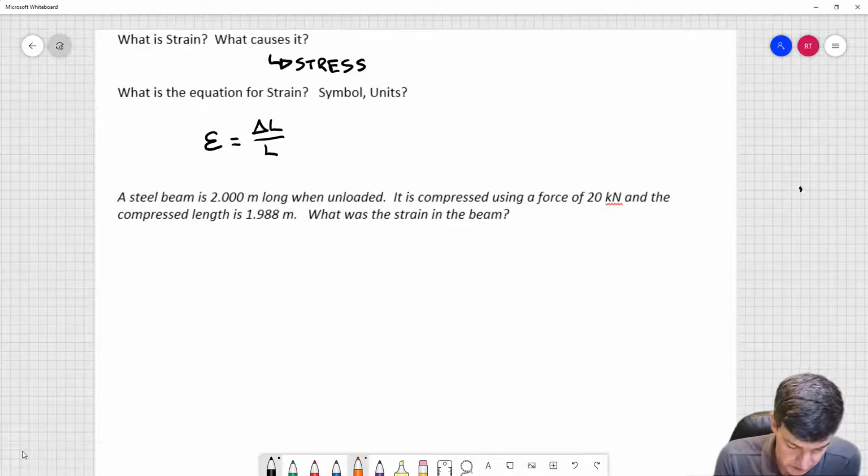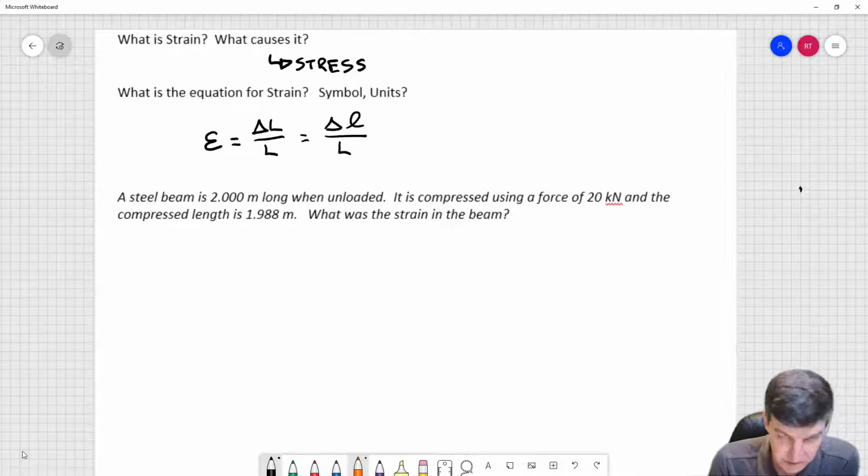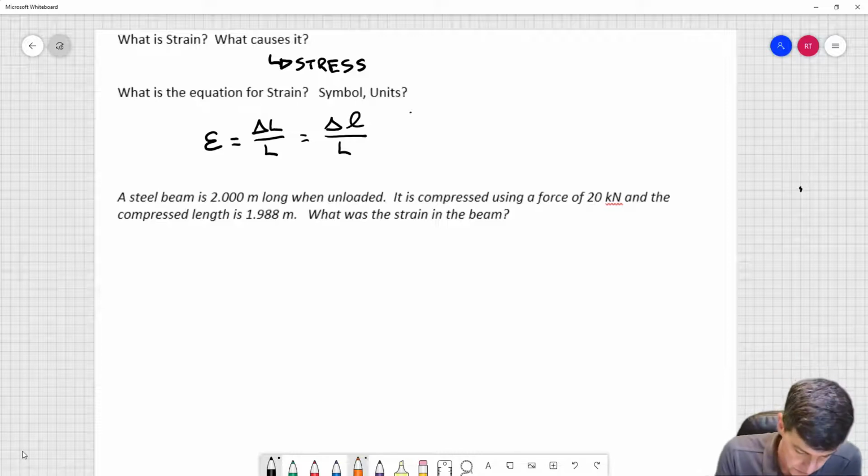And sometimes for the change of length, we use kind of a scripted l instead of the standard uppercase L, just to quantify the difference between the two. So this is really my change of length divided by my original length.